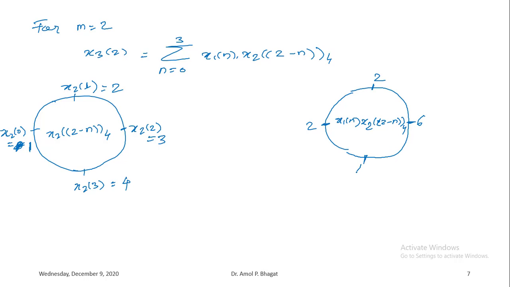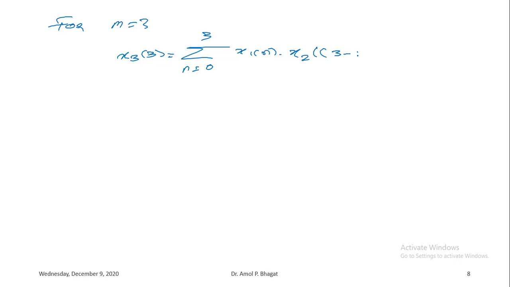Again we'll add these values to get x3 of 2, so if you add these values, 6 plus 4 plus 2 plus 2, it will be 14, okay? So this is x3 of 2, right? The last sample value that we have to determine is for m equals 3, so again x3 of 3 is equal to summation n equals 0 to 3 of x1 of n multiplied by x2 of 3 minus n, okay?